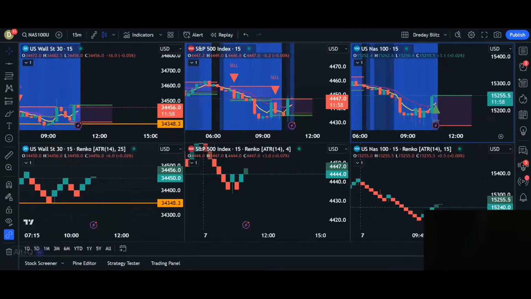If you know exactly where the direction is going, like on a roller coaster, you know that you're going forward and you have to go up and down. So it's not that difficult to control your emotion if you know exactly where you're going. That's why I add the Renko bars, and if you add the Renko bars, it will help you a lot to keep your emotion in check.